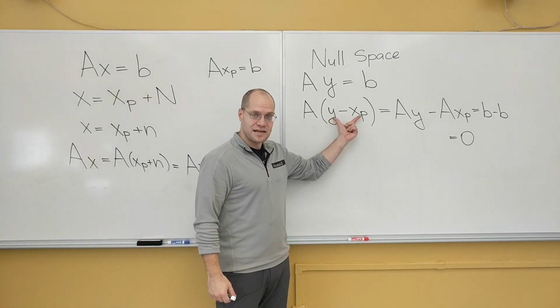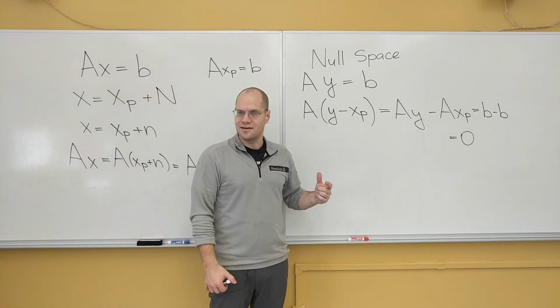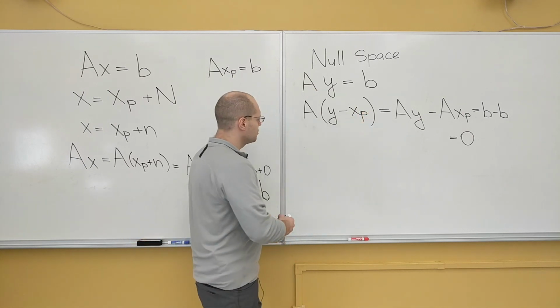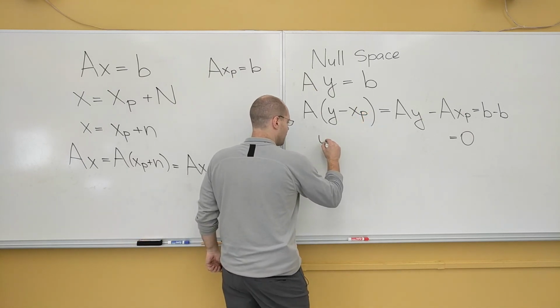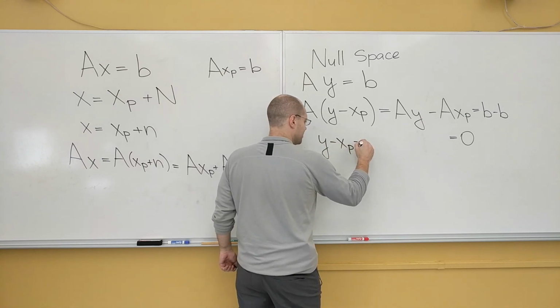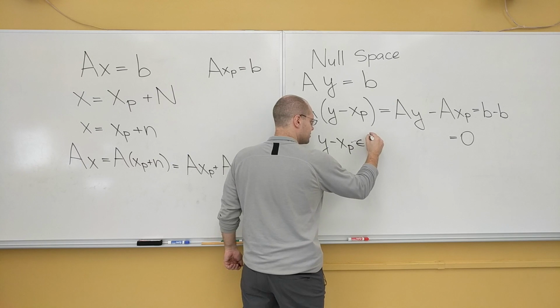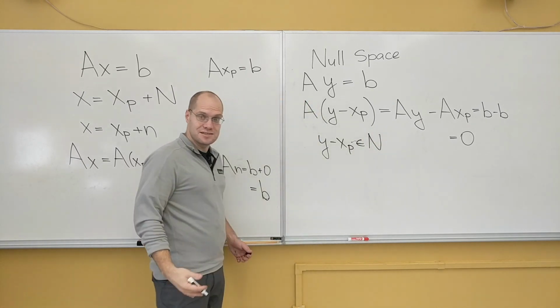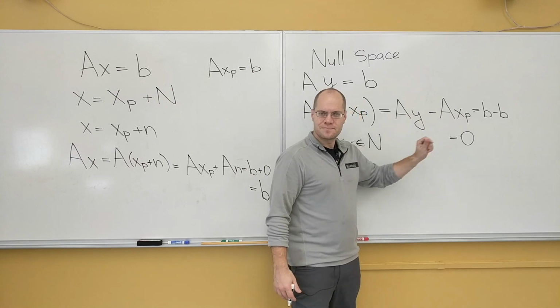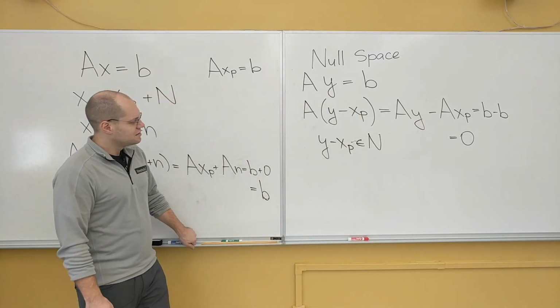So this vector goes to 0 under A, which means it belongs to the null space, which means that Y minus XP, I'm just writing down what I just said, belongs to the null space. It's in the null space because A sends it to 0.